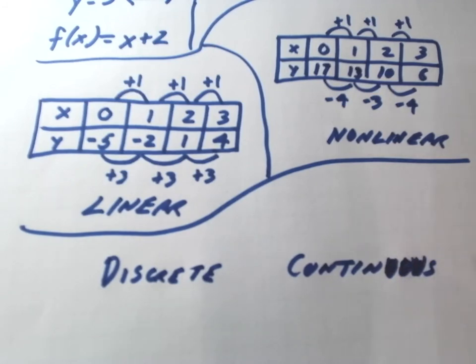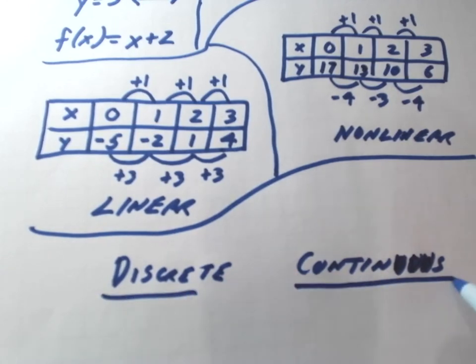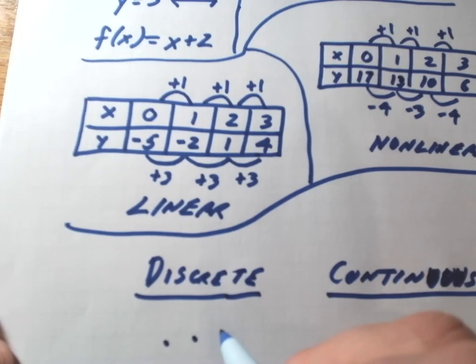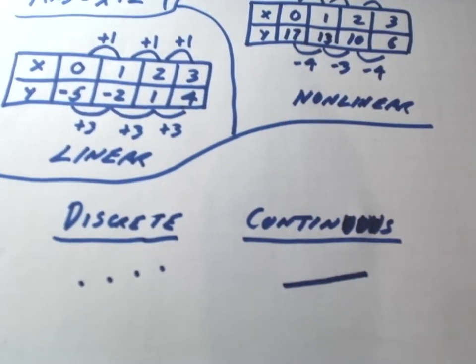Okay. So with a discrete and continuous domain, discrete domains means we only have certain x values that we're interested in. Where a continuous domain means we have x values that we want that are on an interval along the way. So this is linear and nonlinear functions, and that's the difference between the two.